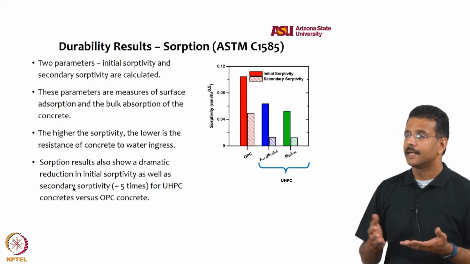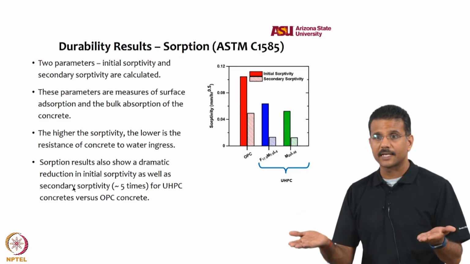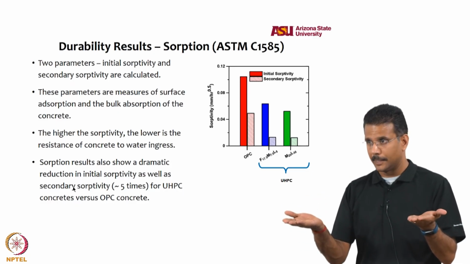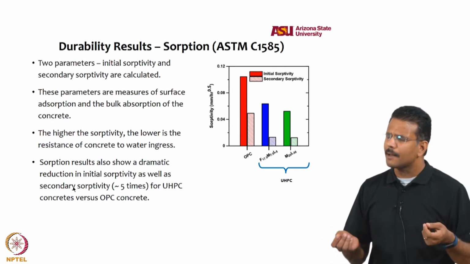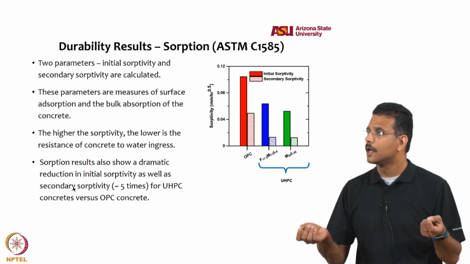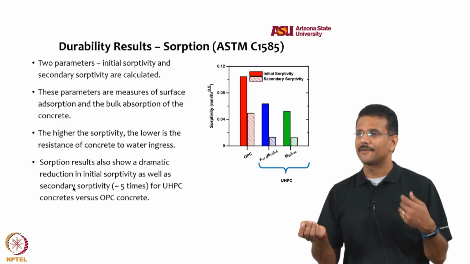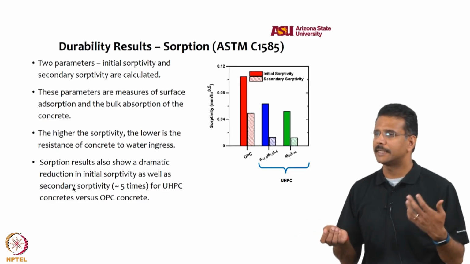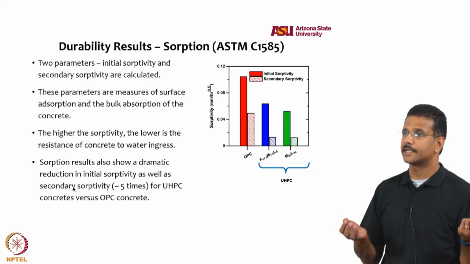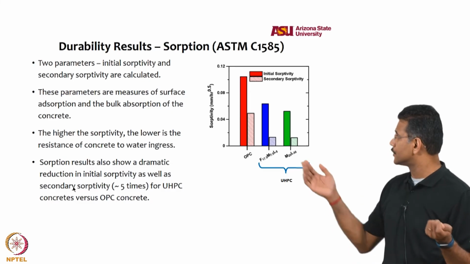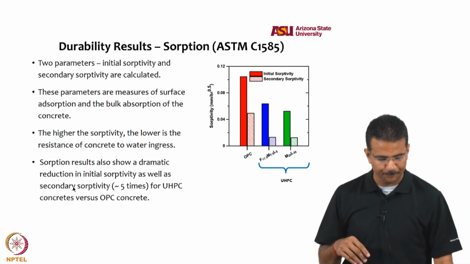The initial sorptivity is governed by the larger pores, which can absorb a lot of water early on. The long term sorptivity is governed partly by diffusion through the smaller pores. It is not completely diffusion controlled, but it gives you a fair indication of the size of the smaller pores in the material, and you can see the secondary sorptivity is much lower.